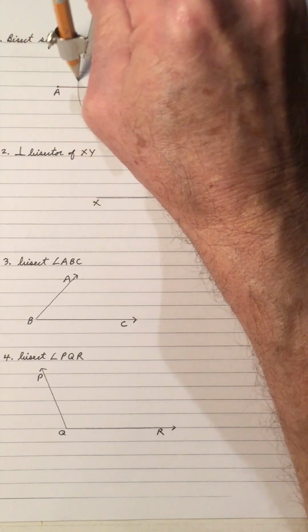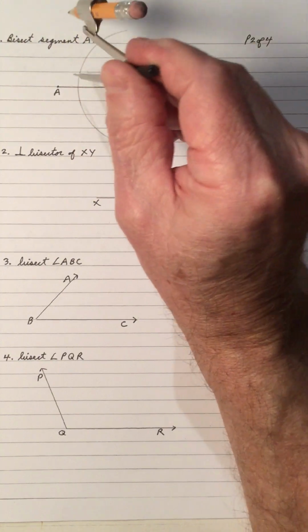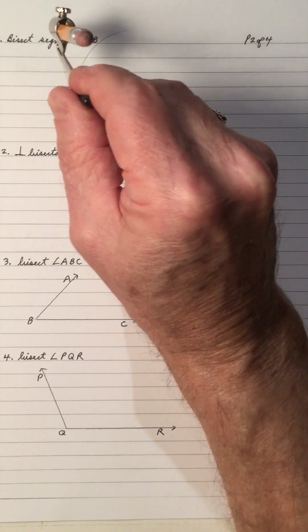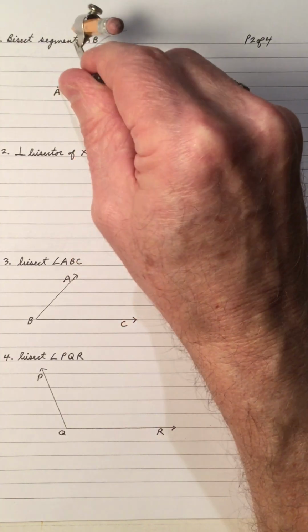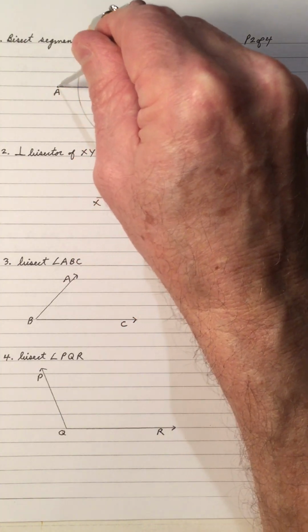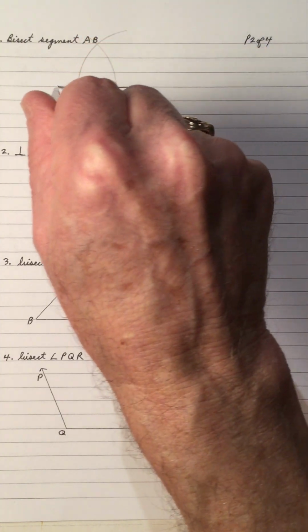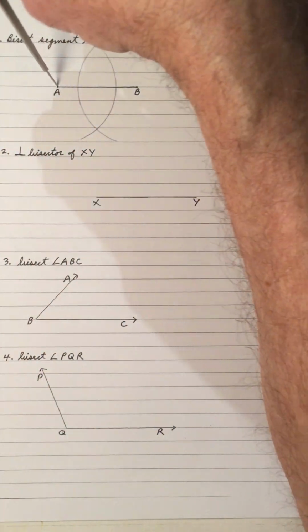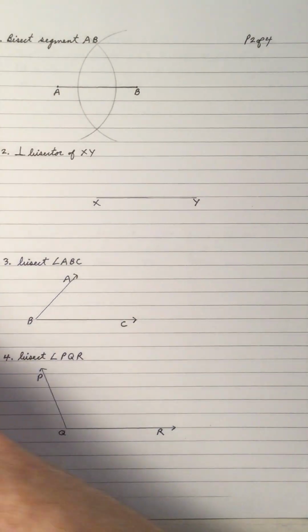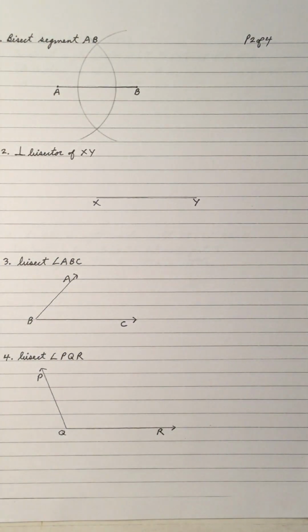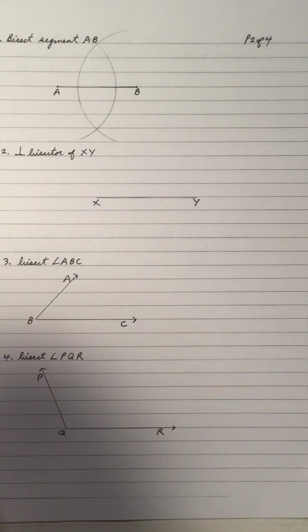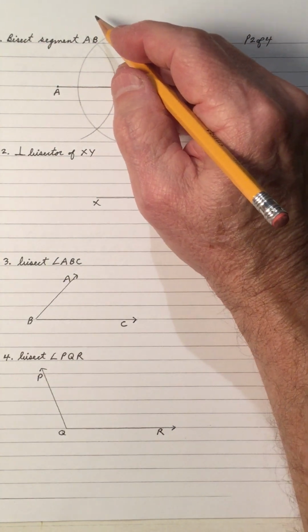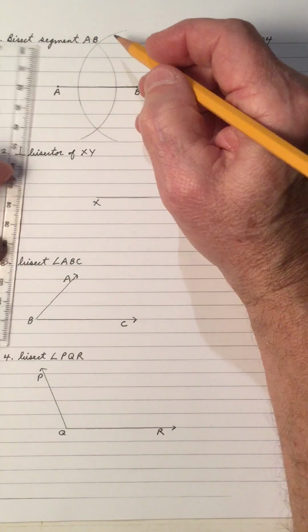So here's the arc. Now we're going to place the compass at A, which is the other end of the segment, and we're going to draw another arc so that the two arcs intersect. There it is. The two arcs are intersecting. Move my hand so you can see it. Now I'm going to draw a line from one arc to the other.